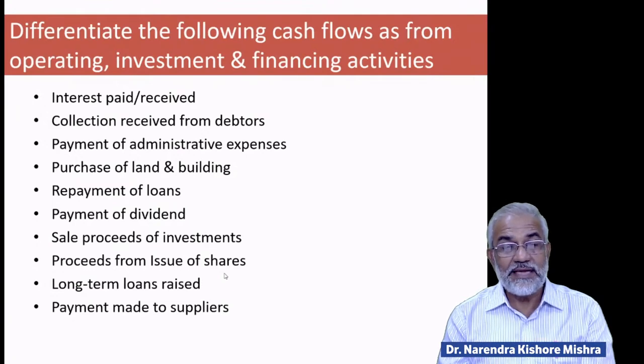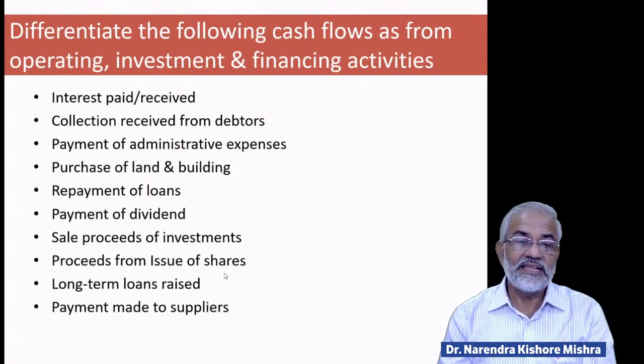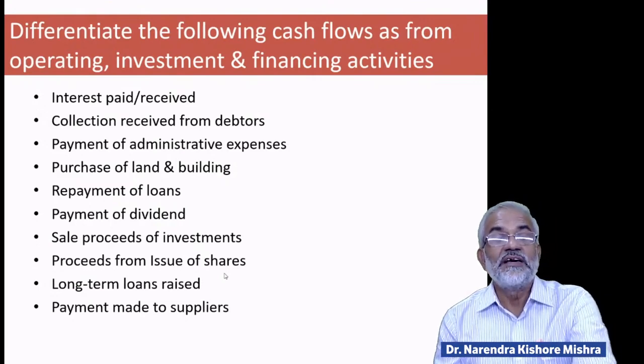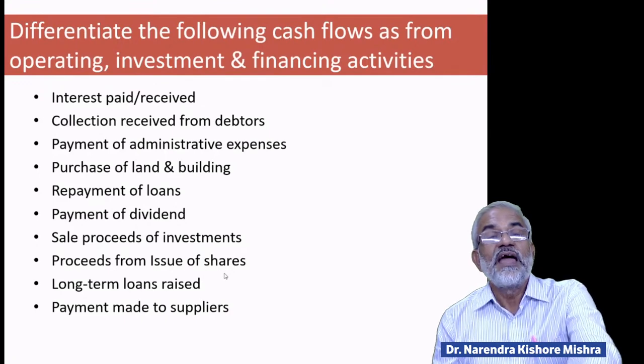But you need to segregate them depending upon which items come under the operating activities, which under the investing activities, and which under the financing activities. Under financing activities, your raising of long-term loans and proceeds from issue of shares will be coming. Under investing activities, your purchase of land and building will be coming.